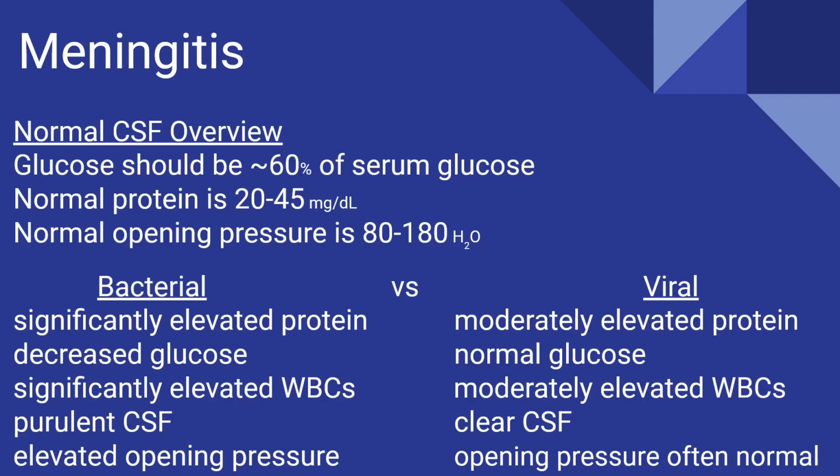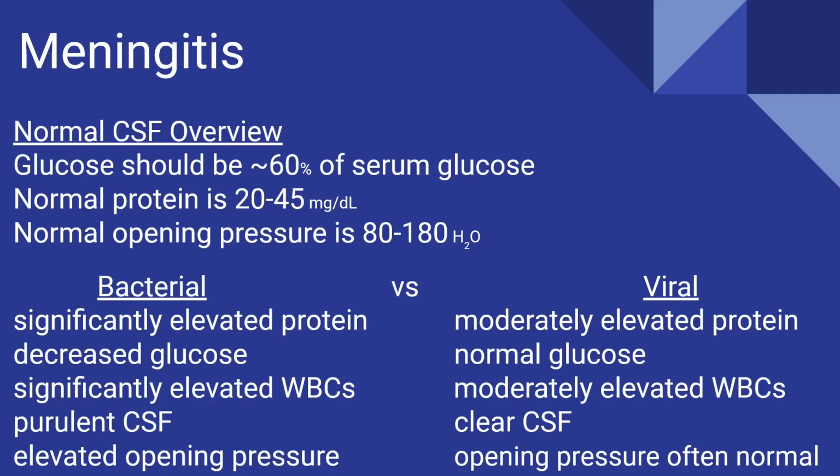Same thing for bacteria. We use a lot more white blood cells to respond to bacteria than we do viruses. And because we have a lot of that slough, that bacterial and white blood cell debris, we should see our CSF being a lot more purulent or cloudy white than that of a normal clear CSF.